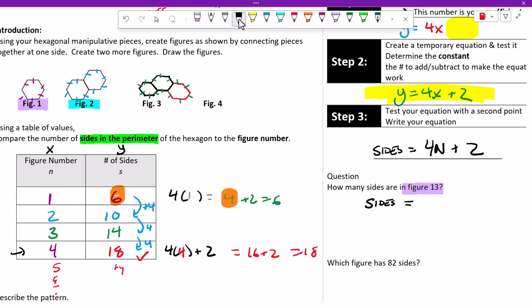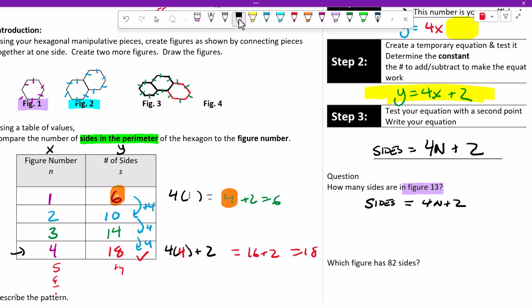Sides equals 4n plus 2 is our relationship. We want to put figure number 13 into our equation. There are 2 spots where we can put numbers in: either numbers for sides or numbers where the n is. Where do you think you put this number in? The n. n stands for figure number.